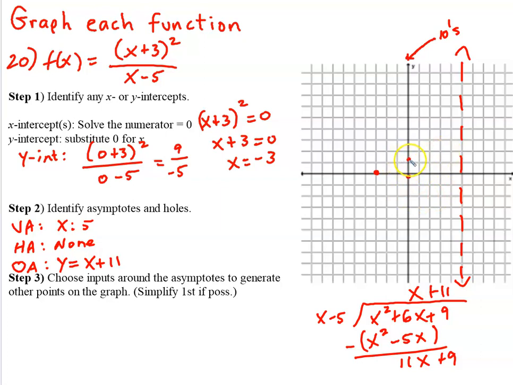And since counting out the slope here is a little bit tricky since my x and y axis are in two different units, I'm just going to do some inputs. Like if I input 4 in for x, I get y is 15. So this is 10 and this is 15.